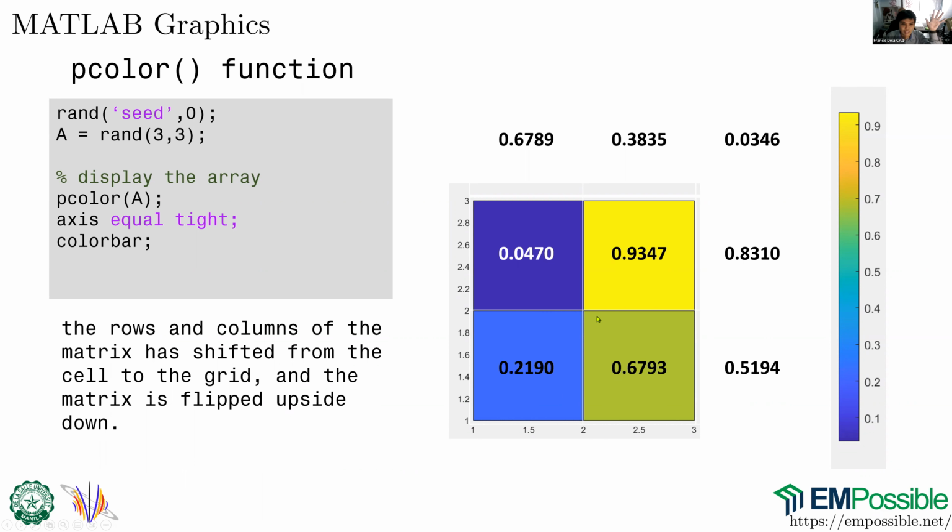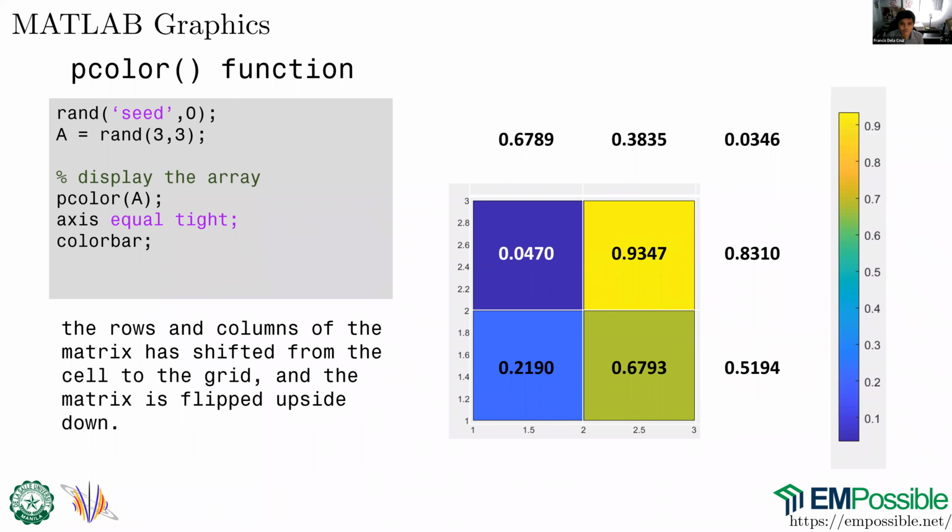What's happening to the entire box? There's a description here. The rows and columns of the matrix have shifted from the cell to the grid, and the matrix is flipped upside down. Actually, I call it the dumb explanation, but there's an explanation in MATLAB. But I understand it further when I compare the values.